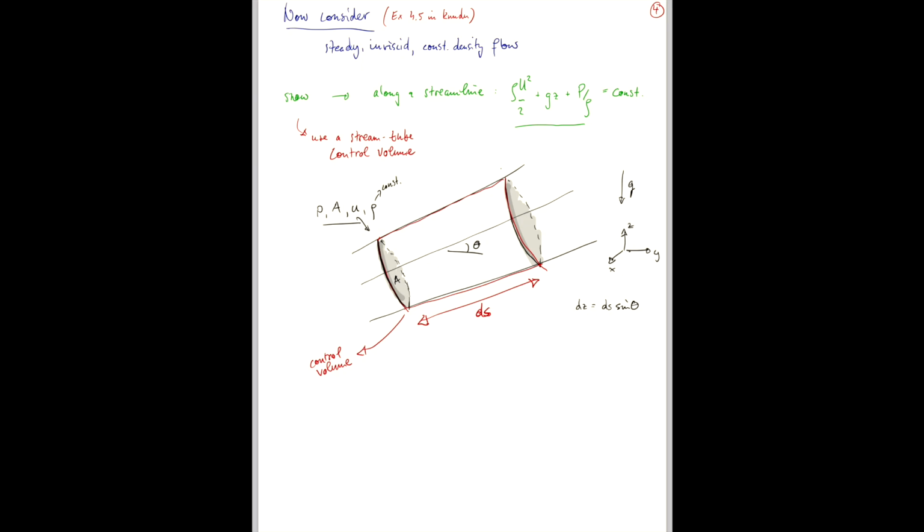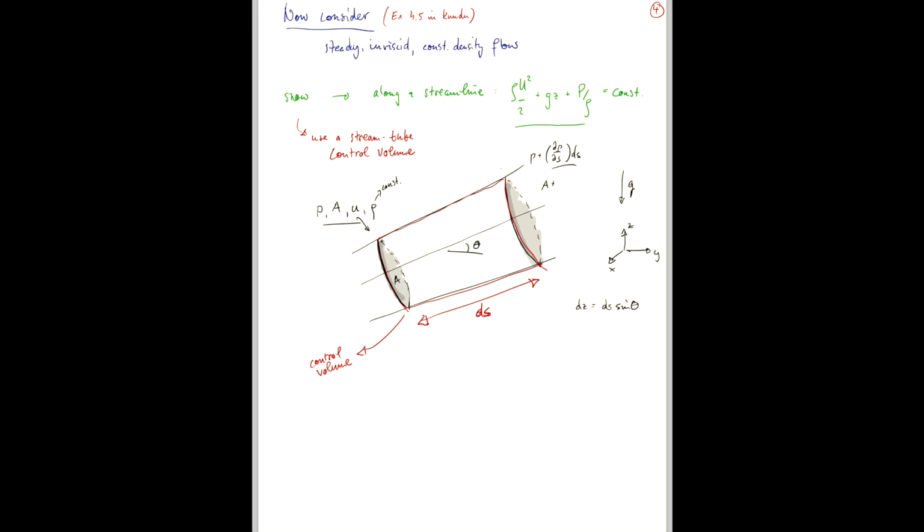And so that means at the further distance along up here, at the other end of our control volume, our pressure may have changed. So now we have P plus dP/ds ds by simple Taylor expansion. And we only need to consider the first correction term since we're looking at a small control volume.